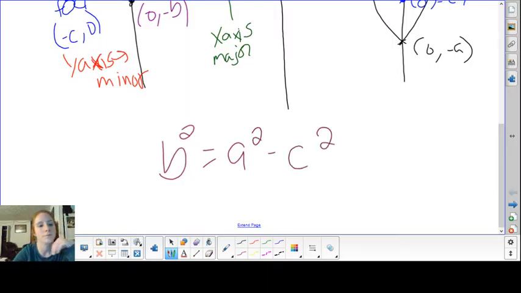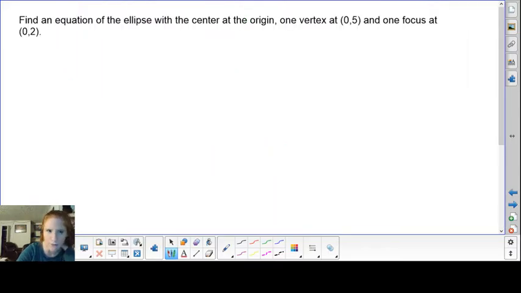Let's try and find the equation of the ellipse centered at the origin with the vertex at (0, 5) and the foci at (0, 2).